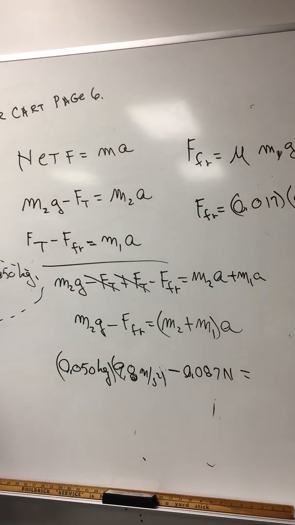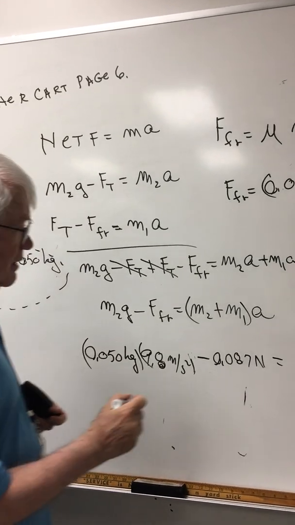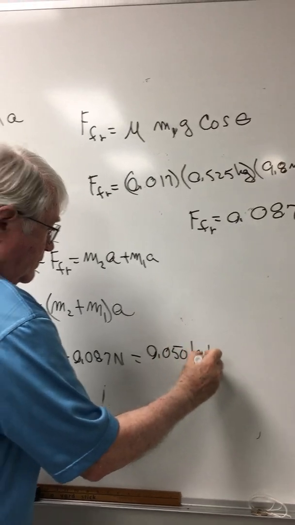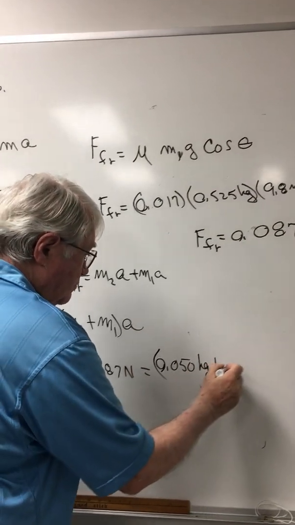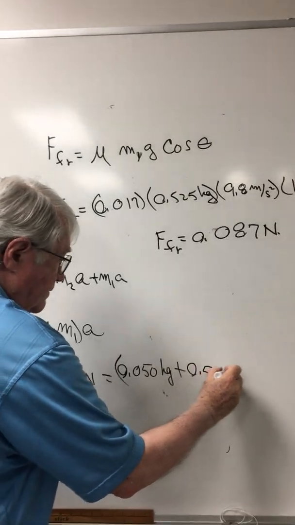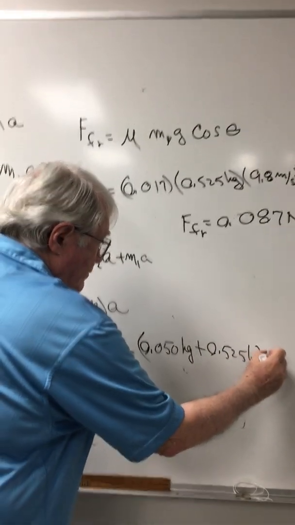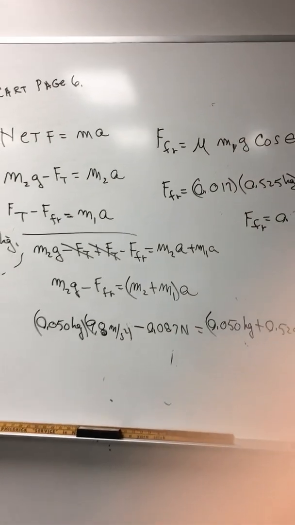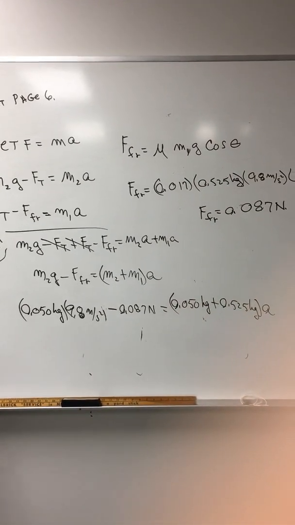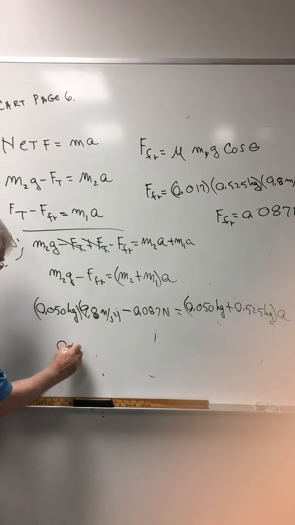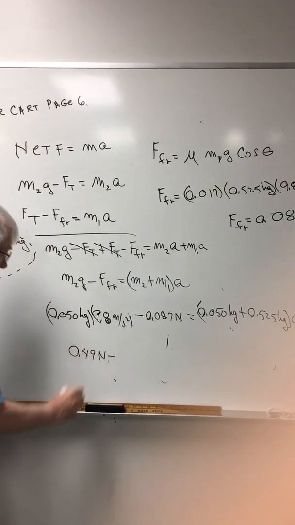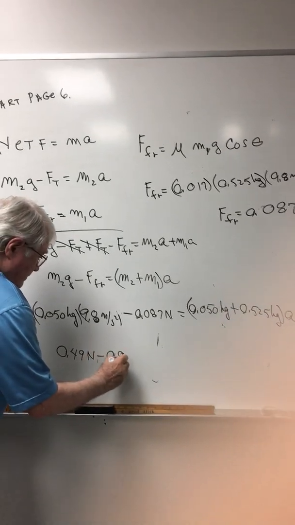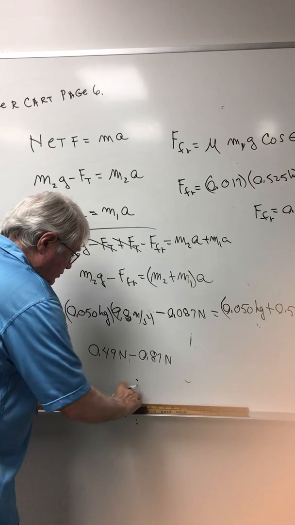And on the other side we have the mass of number 2, which is the hanging weight, that's 0.05, plus the mass of the cart, which was 0.525, times a. Now 0.05 times 9.8 comes out to be 0.49, minus 0.087 newtons.